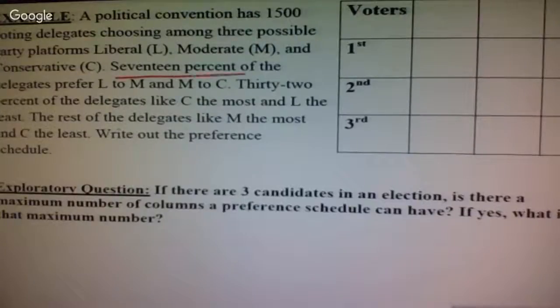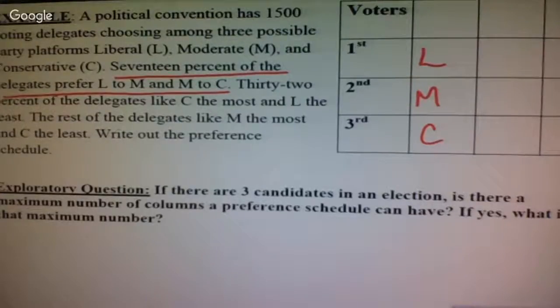The first thing they tell us is 17% prefer L to M and M to C. So what does my column look like when I create my schedule? LMC. Now I got to figure out what number of voters I can put at the top because you don't want it in percent.